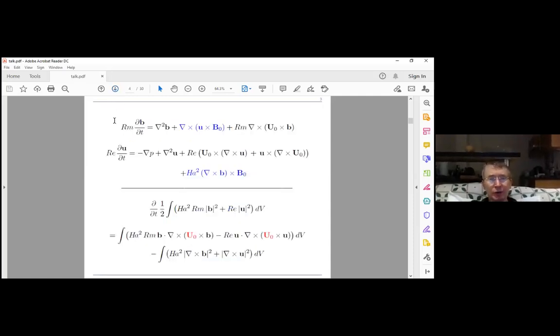Then we can start looking at some equations here. So here, first of all, are the linearized equations for the onset of instabilities. This is the magnetic induction equation for the perturbation field little b. This is the Navier-Stokes equation for the perturbation flow little u.